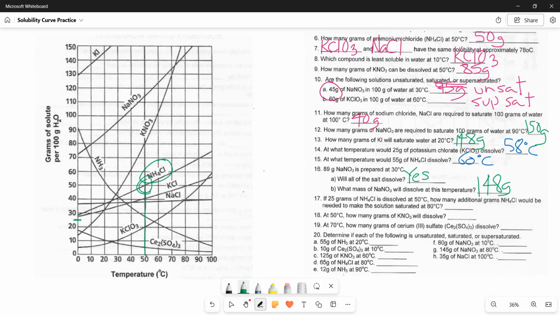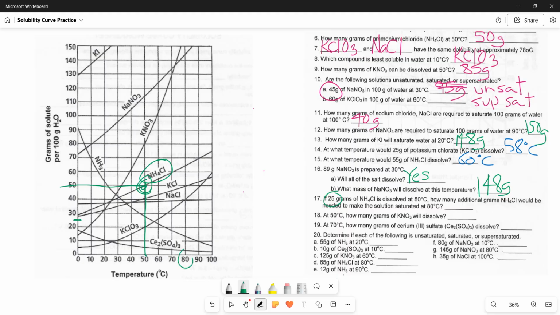So when we have a saturated solution right here on this line, if we come across, we have about 50 grams that dissolves at 50 degrees. And if we've only dissolved 25, the difference would be, oh, I'm sorry, I read that wrong. So if 25 grams is dissolved at 50 degrees, how many additional grams would be needed at a saturated solution at 80 degrees?